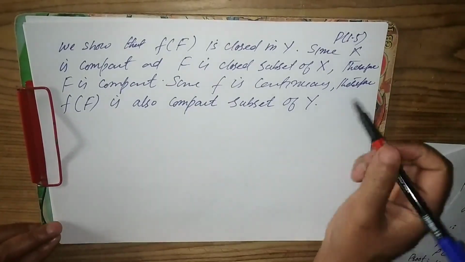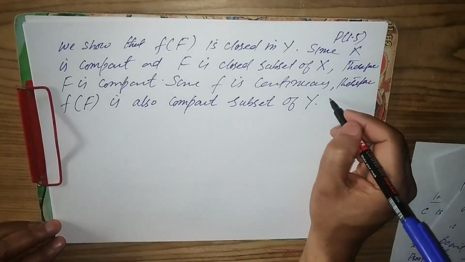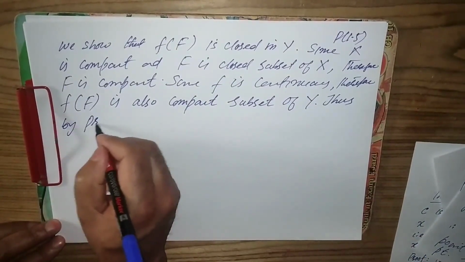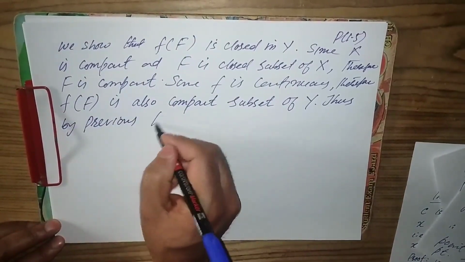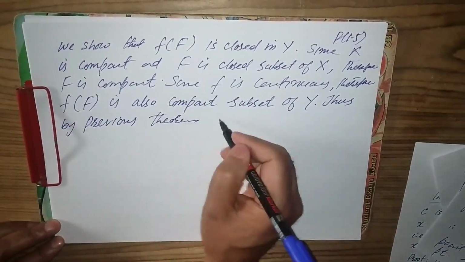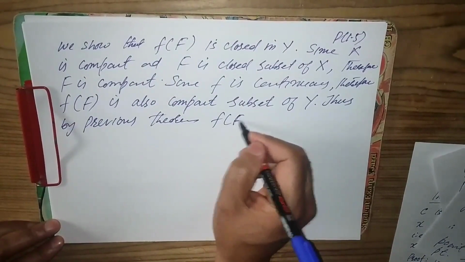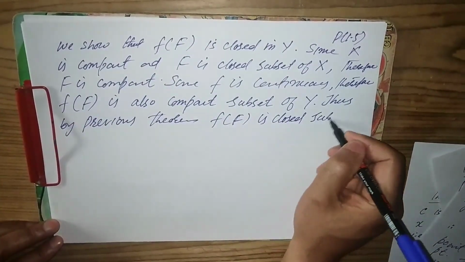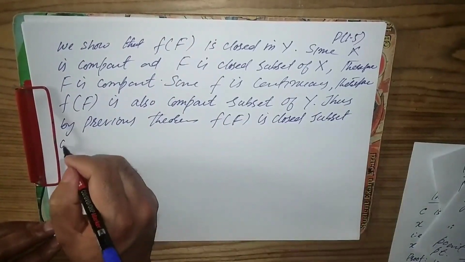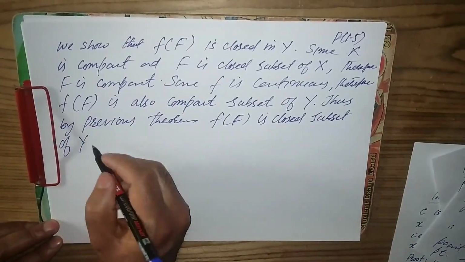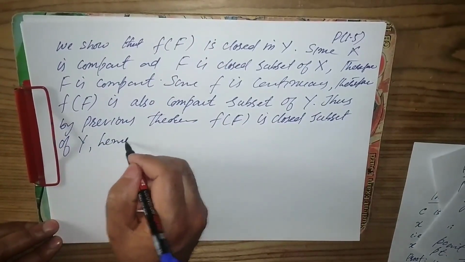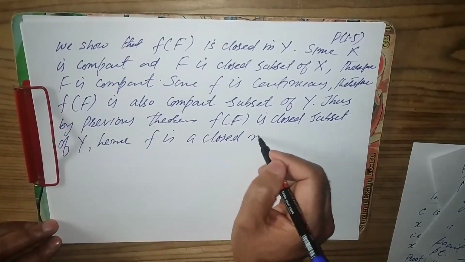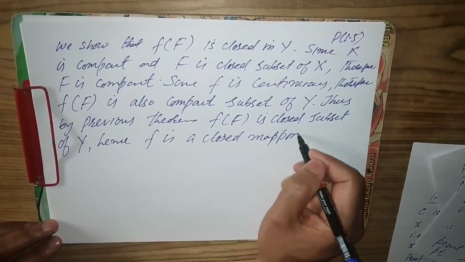So thus, by the previous theorem, f of F is a closed subset of Y. Hence f is a closed mapping, because it maps closed sets onto closed sets.